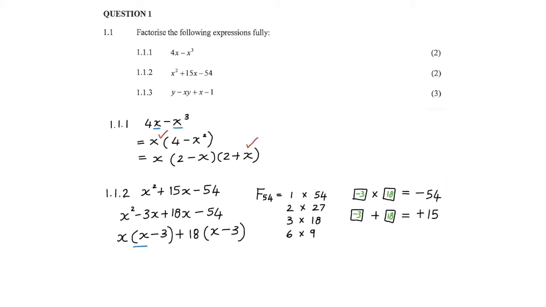Now we factor out the common binomial factor, which is x minus 3. And this gives us x minus 3 multiplied by x plus 18. So you will get 1 mark for correctly identifying the factors negative 3 and 18. And you will get 1 mark for factoring the expression as x minus 3 multiplied by x plus 18.